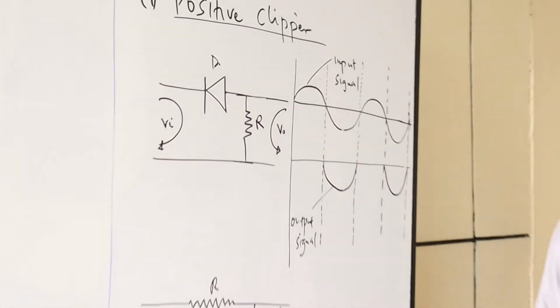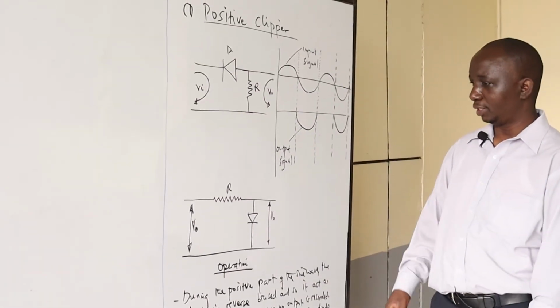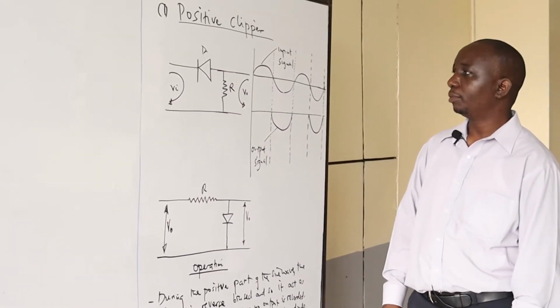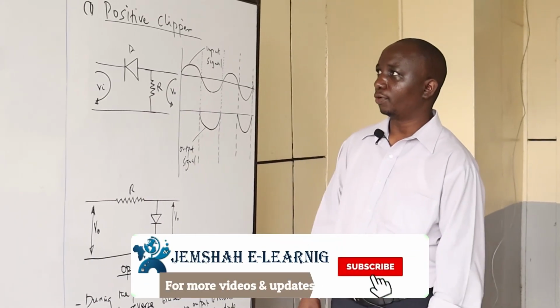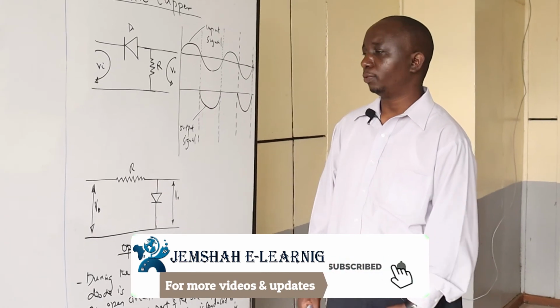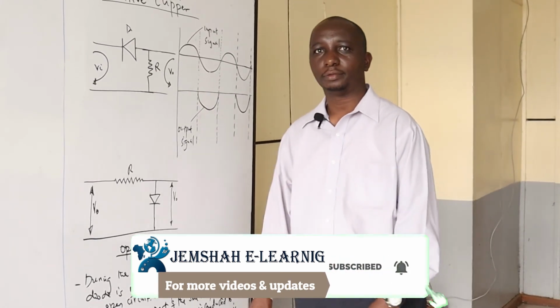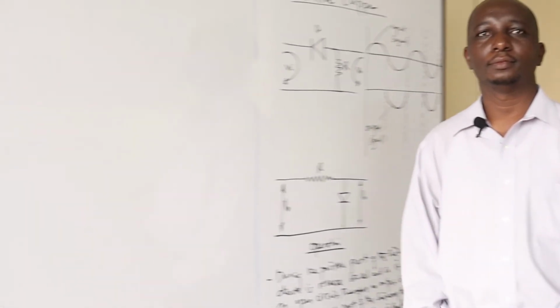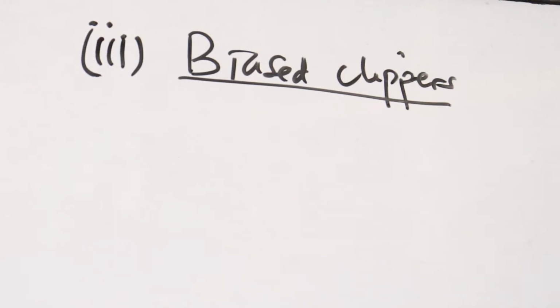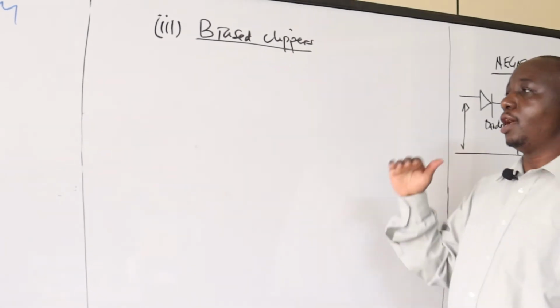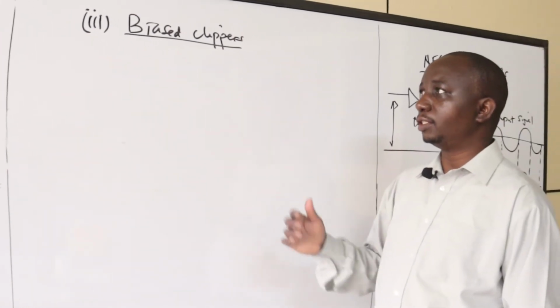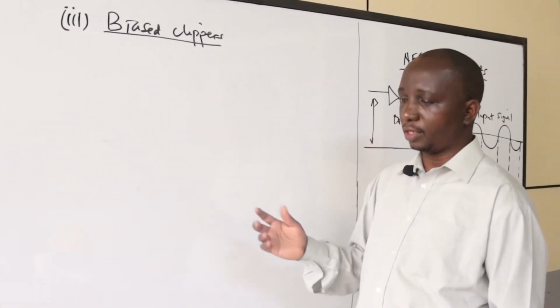So let us meet in the next session so that we are able to understand other applications or other types of clippers that we have mentioned earlier. These have got some DC voltages alongside the circuit that limits the conductivity of the sine wave across the input.